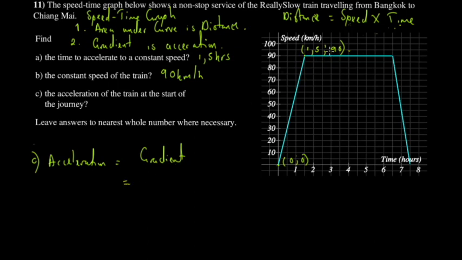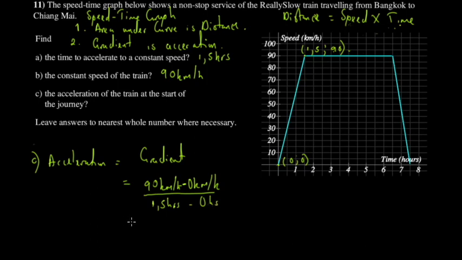Then you say change. So it's 90 kilometers per hour minus 0 kilometers per hour, divided by the change in time, which is 1.5 hours minus 0 hours.